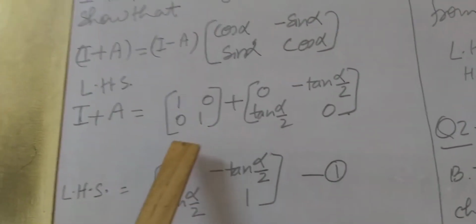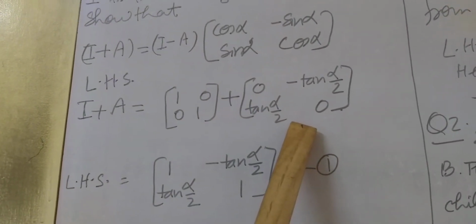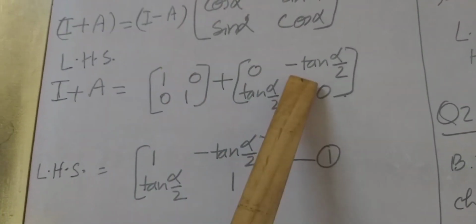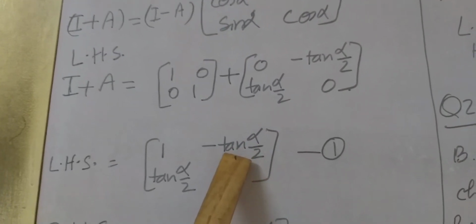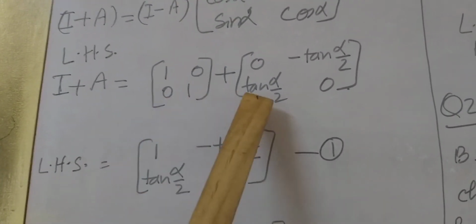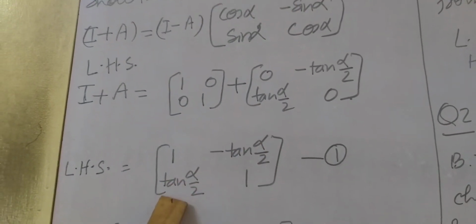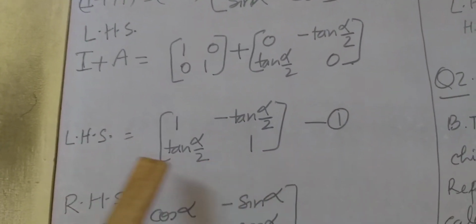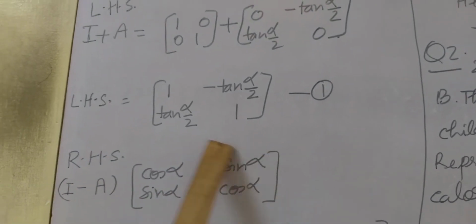Okay, we have to add both of them, student. So 1 plus 0 is 1, 0 minus tan alpha by 2, tan alpha by 2, and 1 plus 0 equals to 1. So this is LHS, students, we have solved.